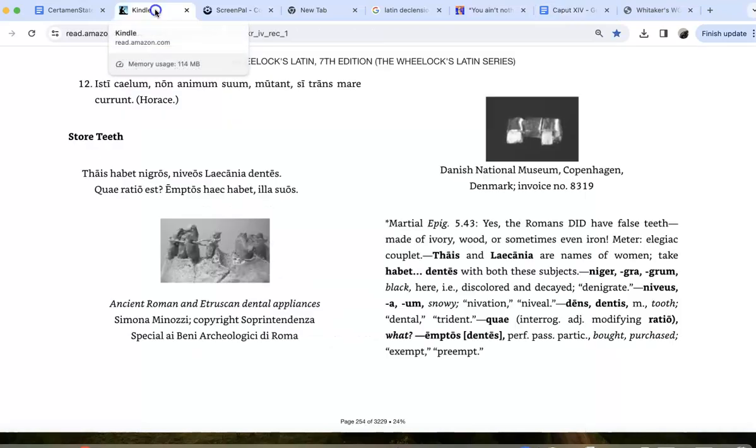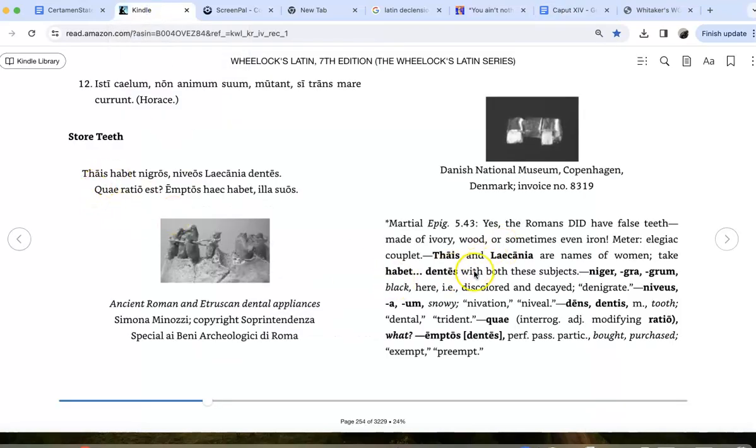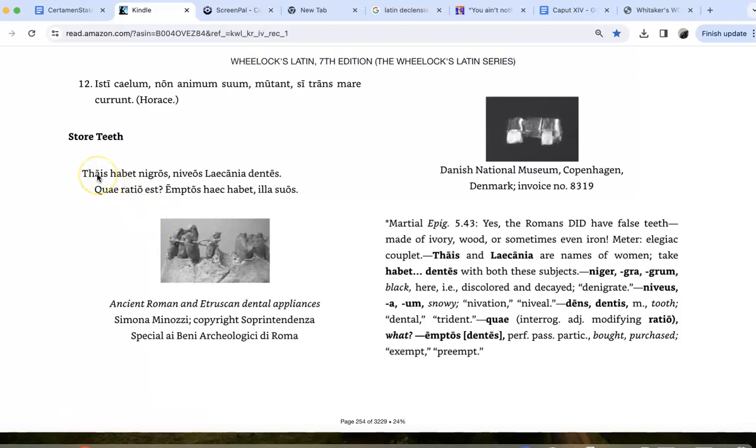Let me just go over that one more time because this one can be tricky, but they tell us that we're using the same subject and object for both Thais and Lacania, who are female names. Thais has black teeth. Lacania has white teeth.